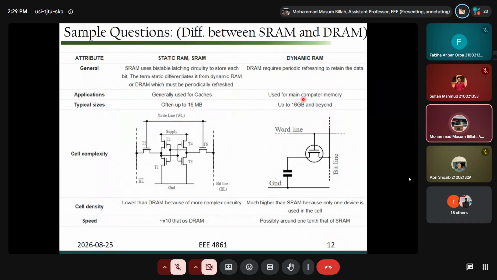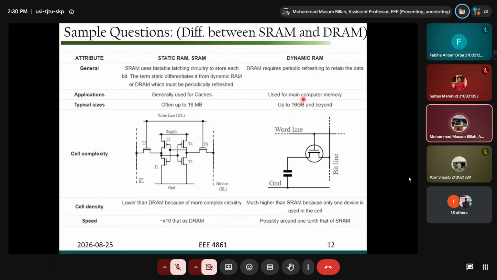In terms of refresh rate, in terms of speed. In terms of speed, static RAM is good. In terms of storage, the DRAM is good. When you need main computer memory, definitely you will consider the DRAM as compared to SRAM.